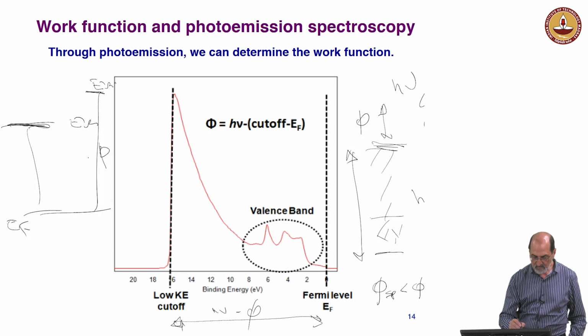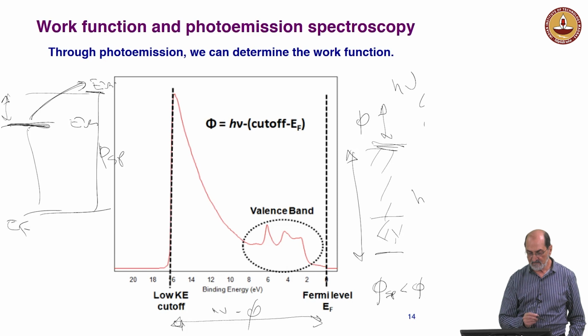If it's the work function of the spectrometer, electrons have to go from here to here. But they have almost no energy. They have just escaped from the sample. So they cannot overcome this energy. And if this happens, we are not going to be able to measure electrons that could escape from the sample.